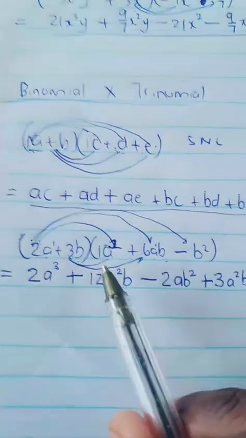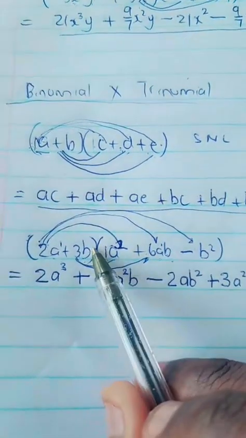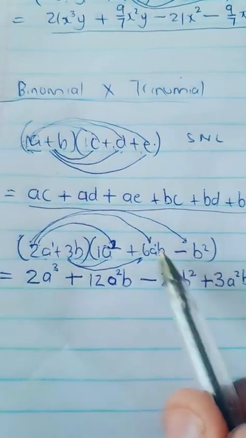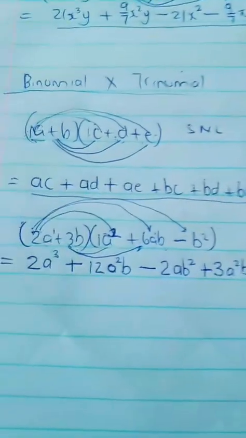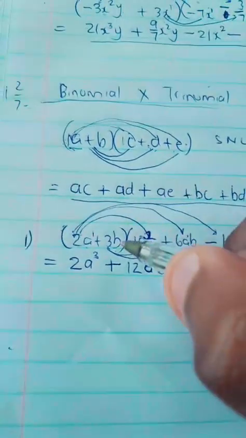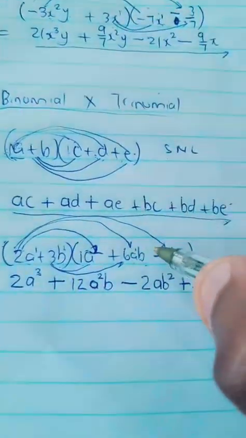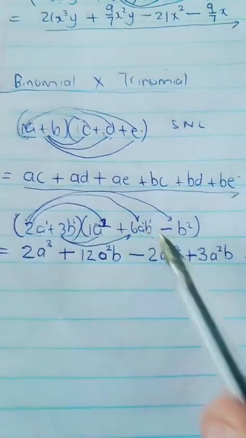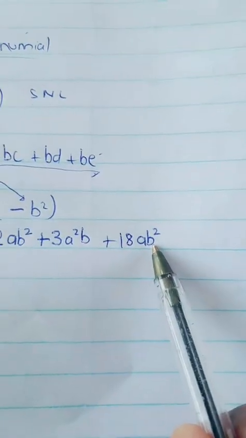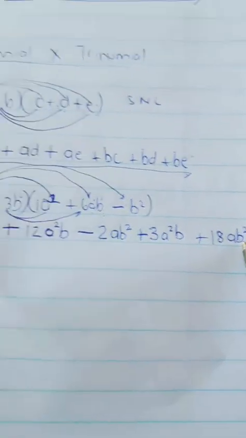So we write a and then the b times b. B to the power 1 times b to the power 1. We keep the base, we add the exponents, so it's b squared. Because the b here has an exponent 1 and the b there also has an exponent 1. So when we multiply same bases, we keep the base, we add the exponents, we get b squared. This is grade 10 for South African maths.